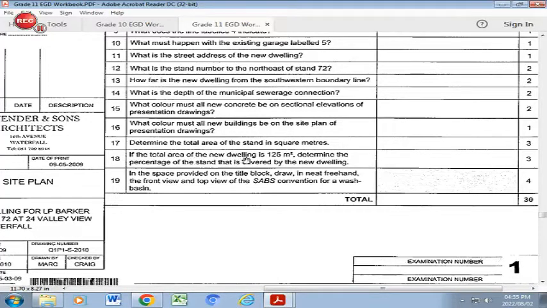Right, let's go to our next question, which is question number 18. If the total area of the new dwelling is 125 square meters, determine the percentage of the stand that is covered by the new dwelling.